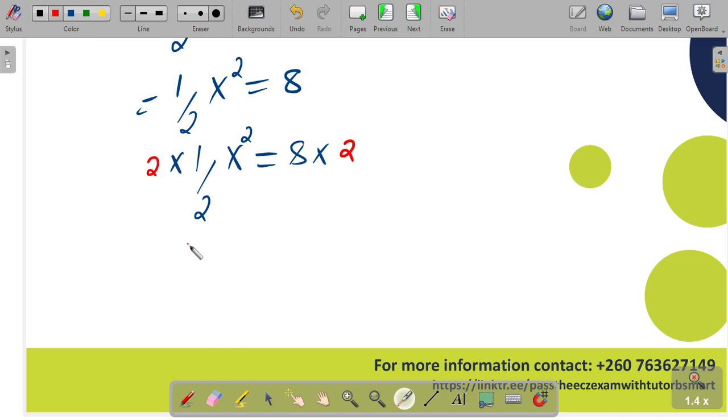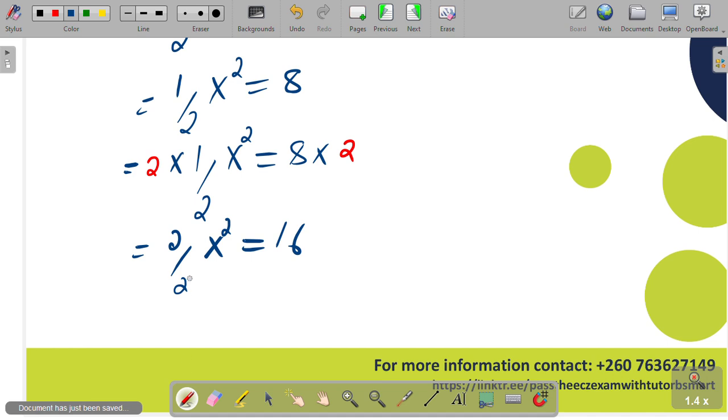So we'll have something like this. 2 by 1, we just write equals there. It is 2 over 2 times x², so there's a times here, equals 8 by 2, it is 16. So we can divide here, 2 into 2, 1.